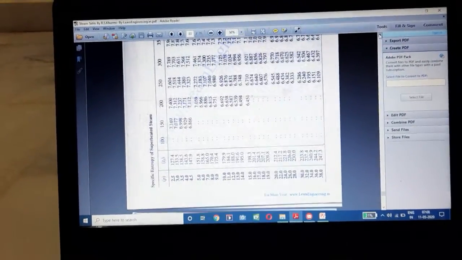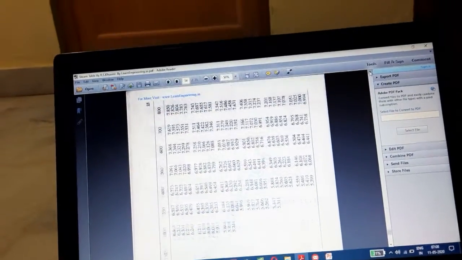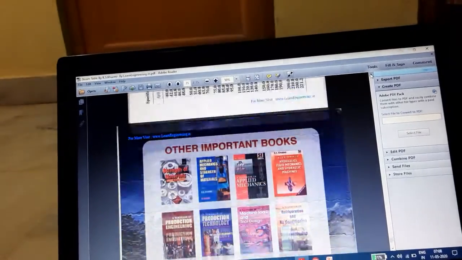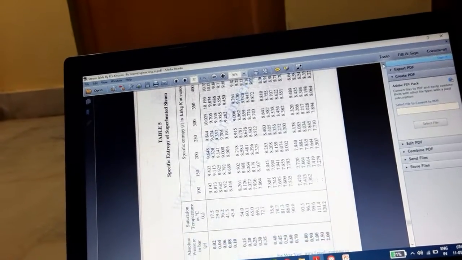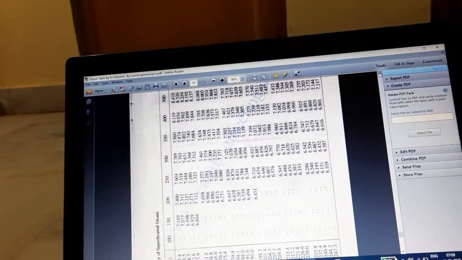Specific entropy of superheated steam. We require the 4 bar pressure.